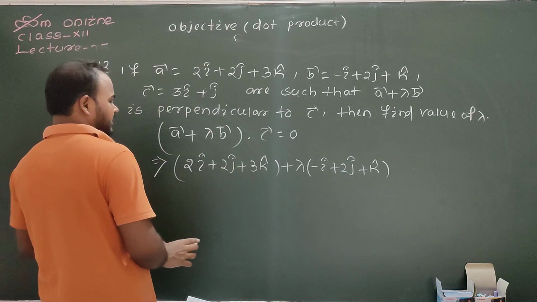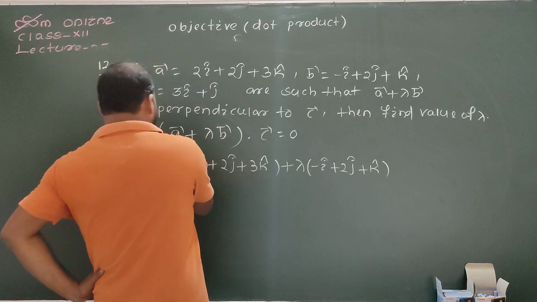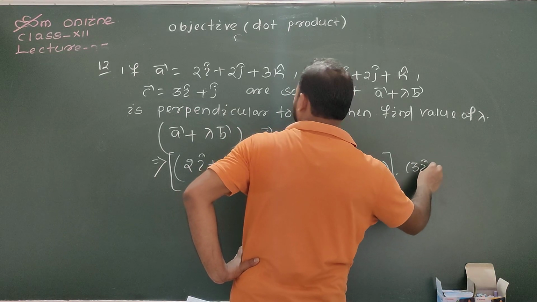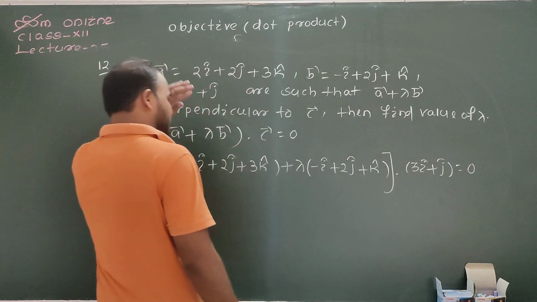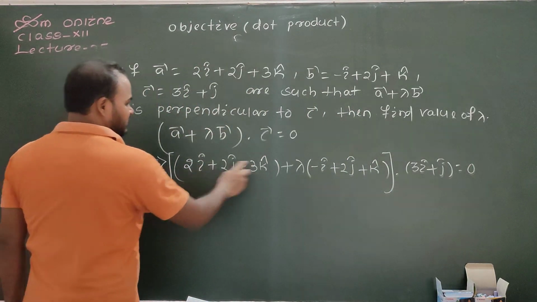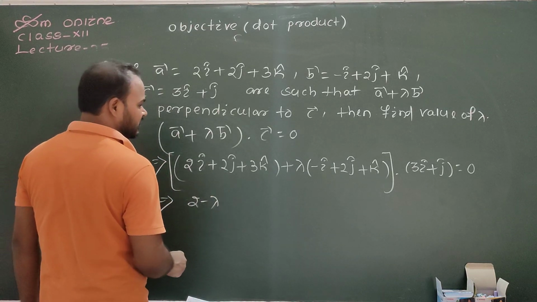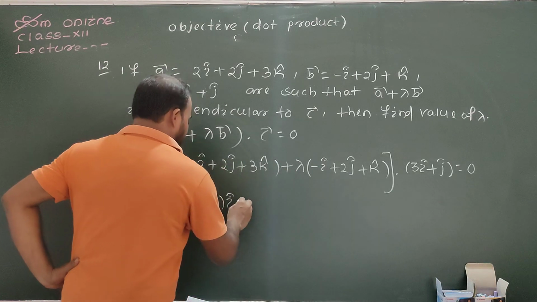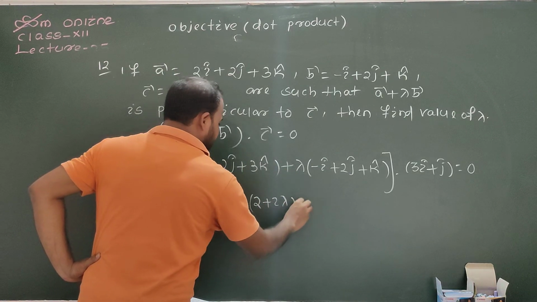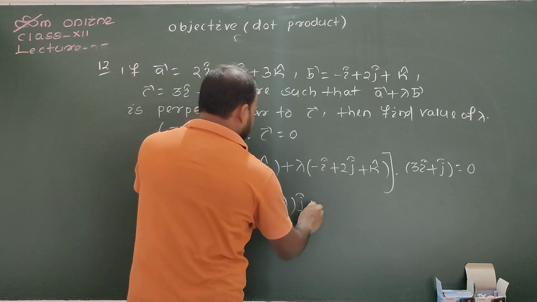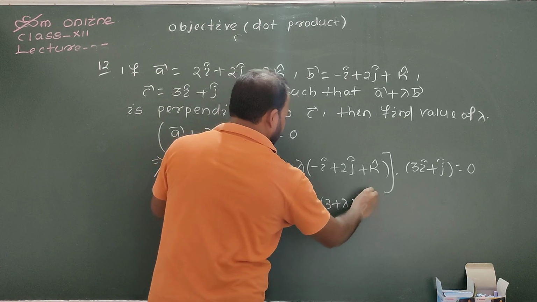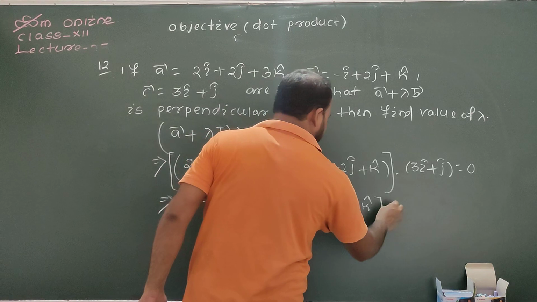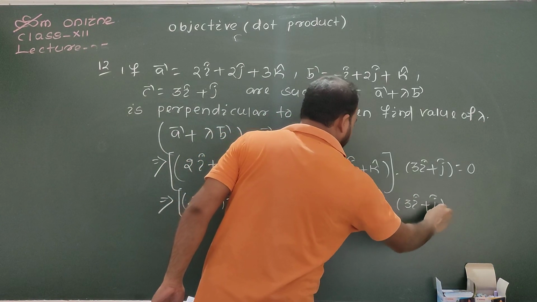This is vector A plus lambda into vector B. Again, dot product with vector C, that is 3i cap plus j cap, equal to 0. This implies that 2 minus lambda into i cap, plus 2 plus 2 lambda into j cap, plus 3 plus lambda into k cap, and this is dot product of 3i cap plus j cap equal to 0.